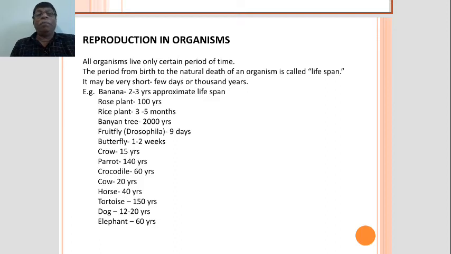Say, for example, you have seen a sunflower plant, a marigold plant, a coconut plant, mango plant. You have seen the human being, elephant. The lifespan varies.